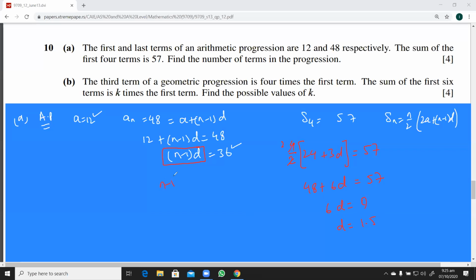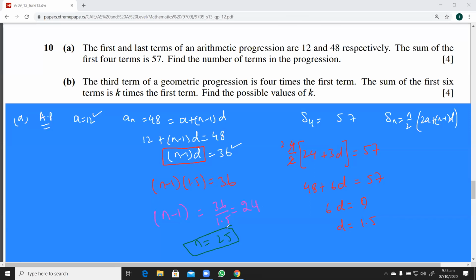That is n minus 1 into 1.5, that is equal to 36. And this n minus 1 is going to be 36 over 1.5, that is 24. So we have n is equal to 25. So that is what we have to find.